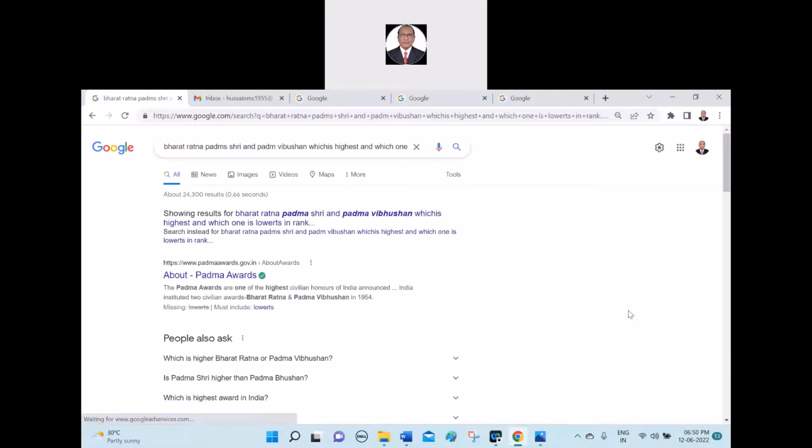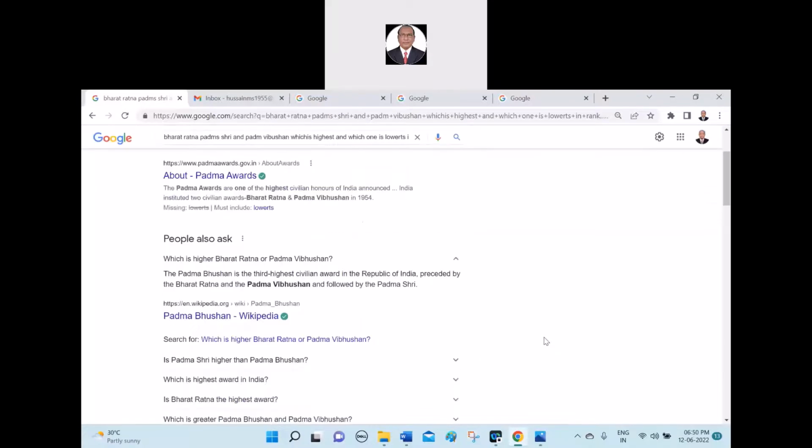Padma Awards are one of the highest civilian honors of India. Bharat Ratna, Padma Vibhushan, yes, I think. Padma Vibhushan is the second highest civilian award in the Republic of India, preceded by the Bharat Ratna and followed by the Padma Bhushan and Padma Shri.